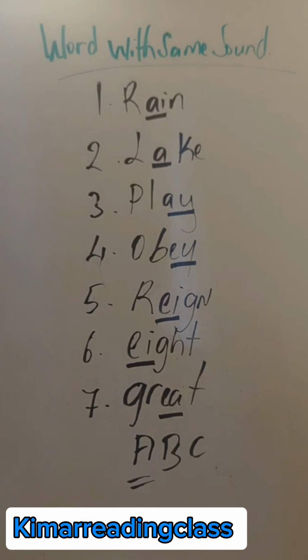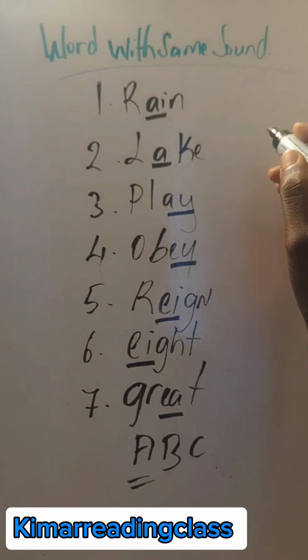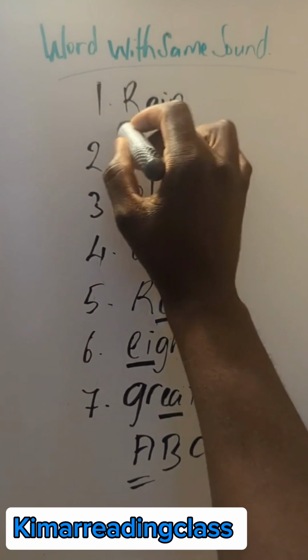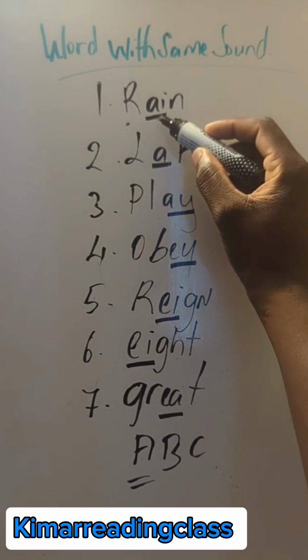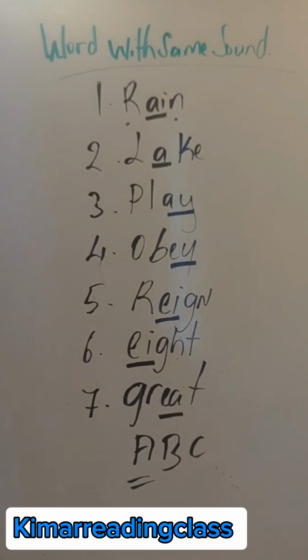So, rain, for example. In order to read this word at the top, number one, you have to know this AI combination. It says A. Every time you say the word rain, every time your auntie says it, your cousin, your brother, anybody at all utters the word rain, they have to put these three sounds together.